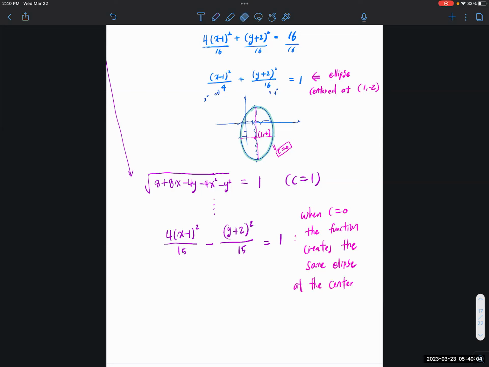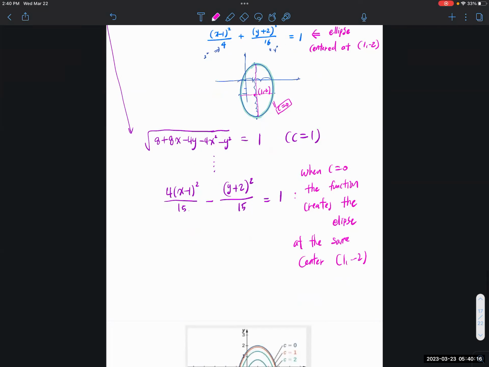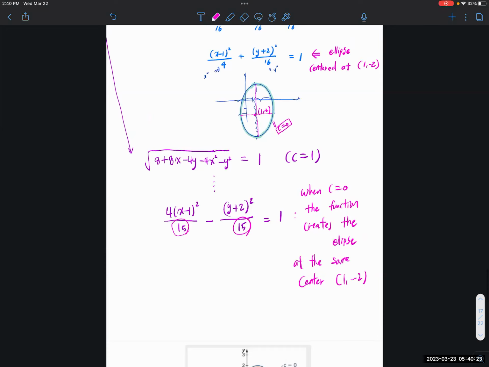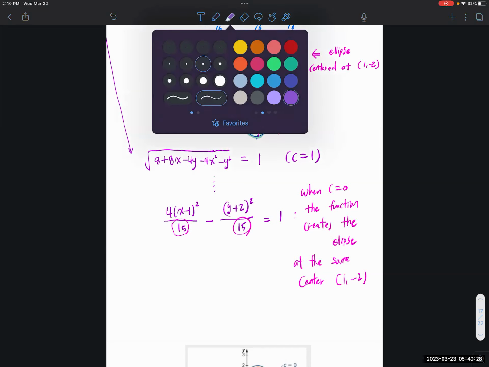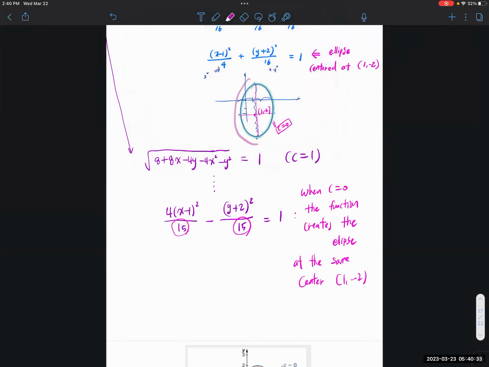It's not the same ellipse; it creates ellipses centered at the same center, 1 comma negative 2, but with a different radius. It's getting wider, right? The next one is going to be something like here. I'm going to change the color. The next one is something here. This is the next ellipse, and this is when c equals 1.